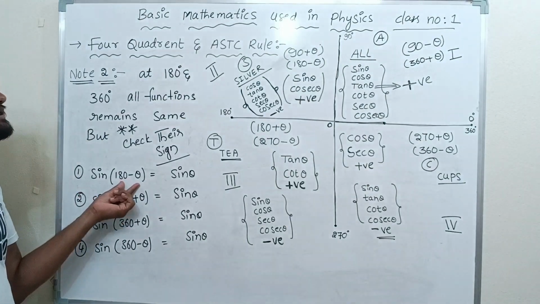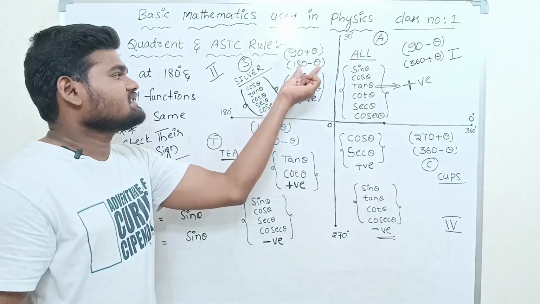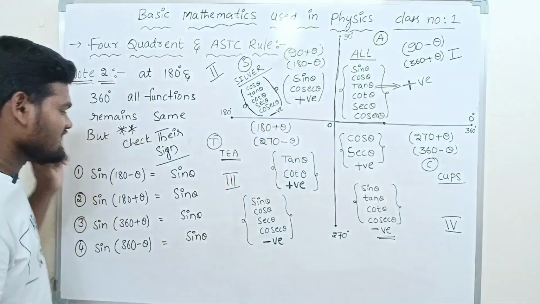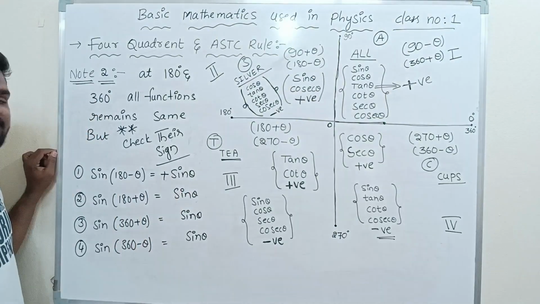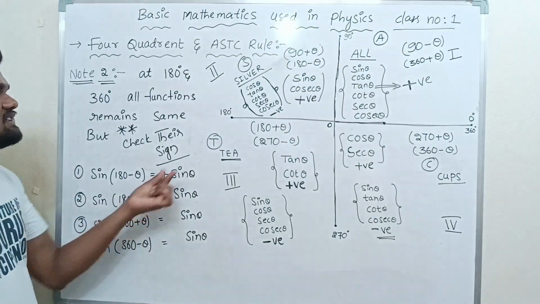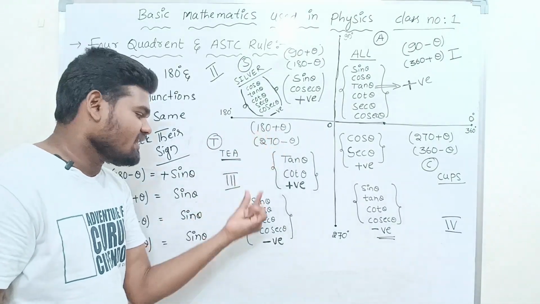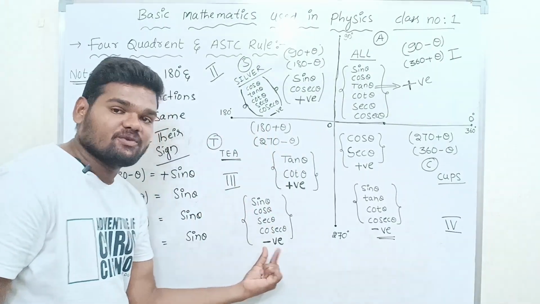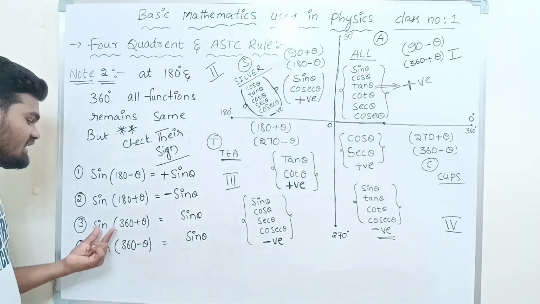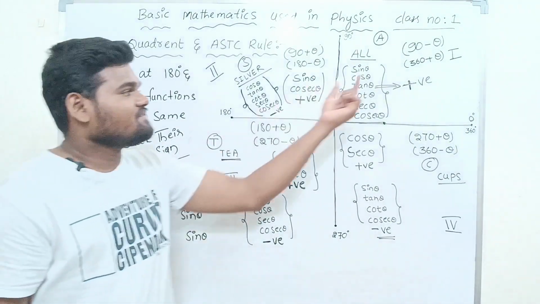Sine of 180 minus theta, where is it? Second quadrant. In the second quadrant, sine is positive, so the answer is plus sine theta. Is it clear? Next one, sine of 180 plus theta, third quadrant. In the third quadrant, sine theta is negative, so the resultant is negative sine theta. Sine 360 plus theta, first quadrant.